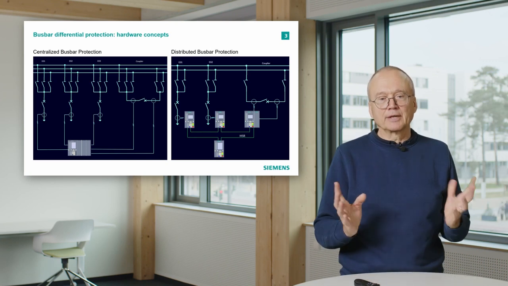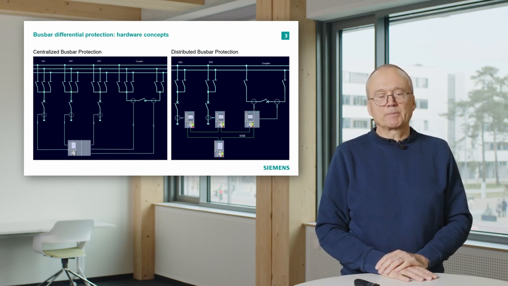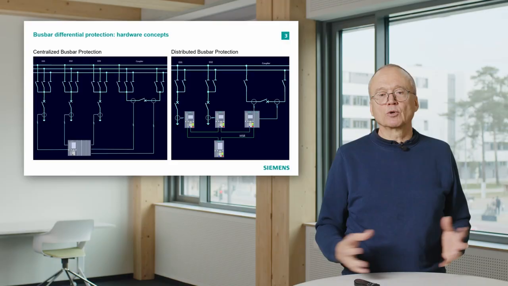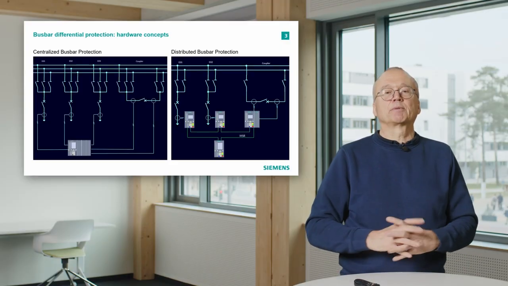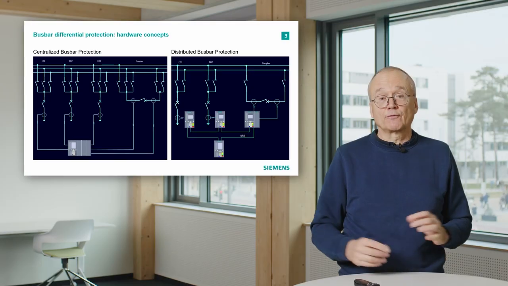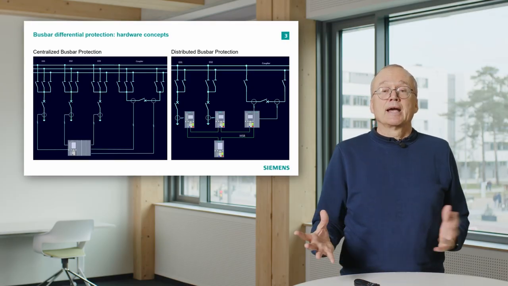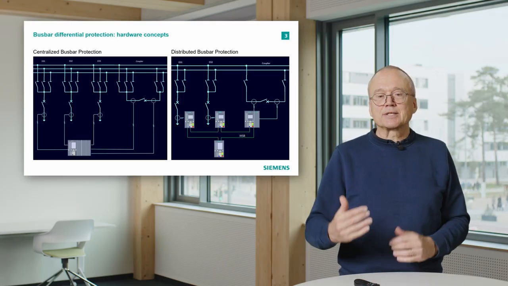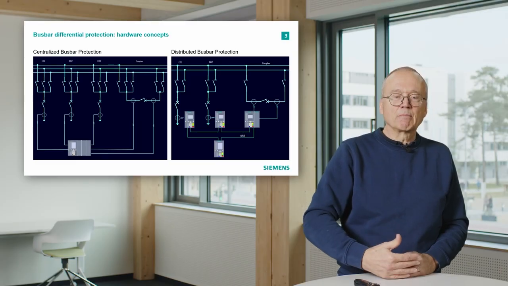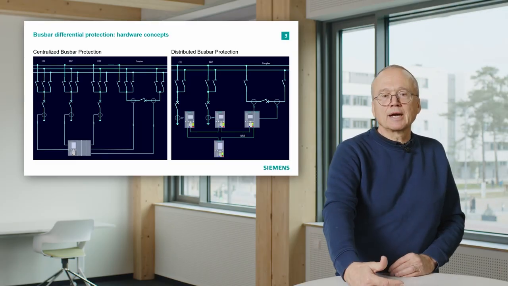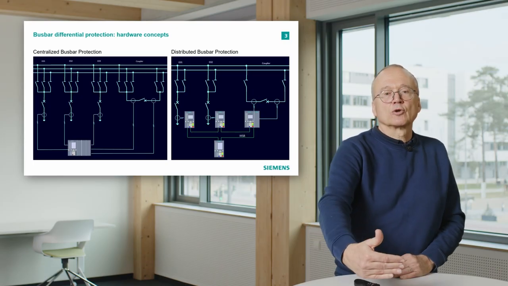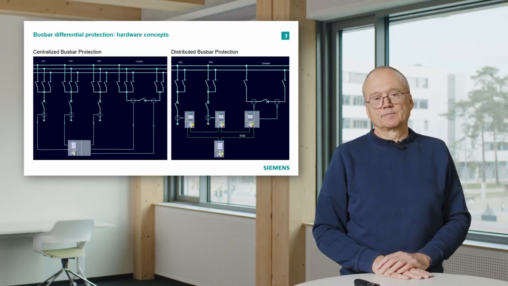You need a redundant high-speed optical fiber, but it's powerful enough to bring all the sampled values to a central point, even for a bigger substation. And you see, this reduces the amount of copper wiring if the feeder units are located closer to the switchgear.